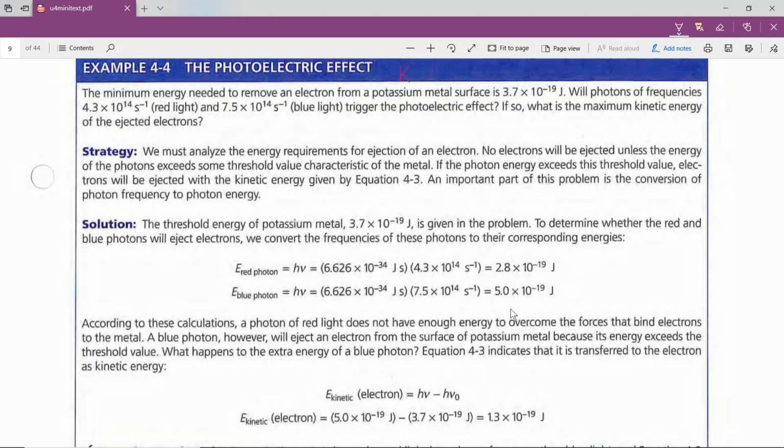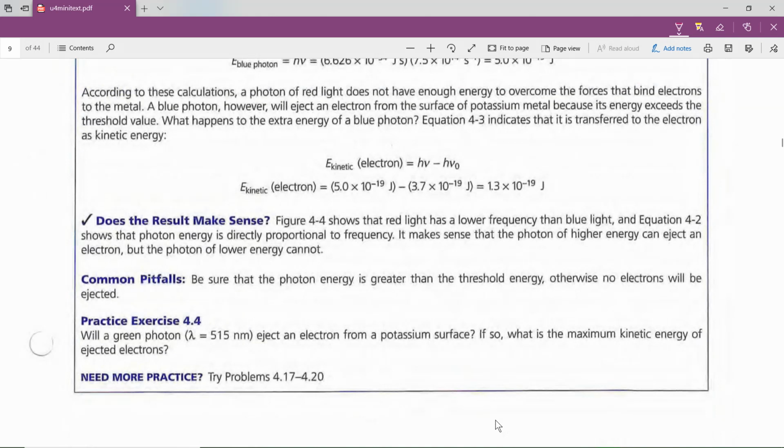However, blue light will, because you have more than the threshold. You have 1.3 by 10 to the minus 19 joules. So the excess kinetic energy, 1.3 by 10 to the minus 19, is carried off by those ejected photoelectric electrons.